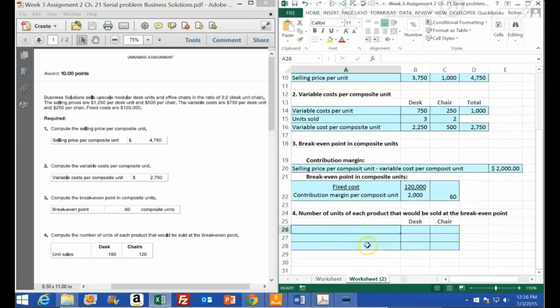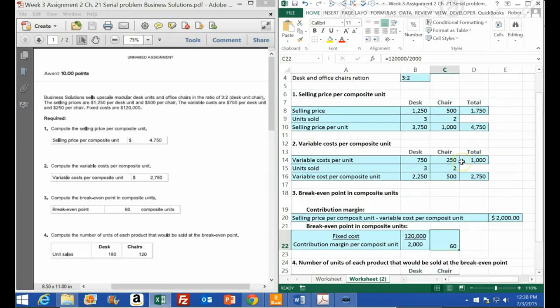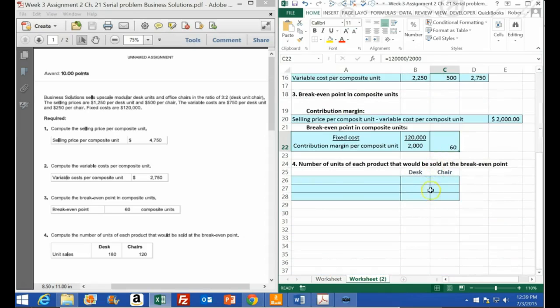All right, so then we're going to go to number 4, which says number of units of each product that would be sold at the break-even point. So now we're going to see how many units are going to be sold. Remember, these are composite units, and every composite unit consists of 3 desks and 2 chairs in this case.